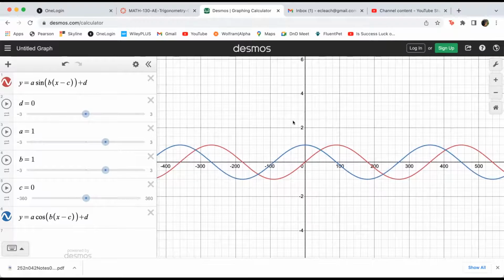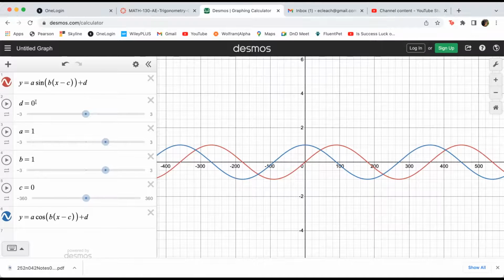So what we're going to do is go through each of our sliders and see how multiplication produces a stretch and addition produces a shift. So this first slider up at the top is, I don't know why that got listed first, but is D. Notice that the default setting for D is equal to 0.